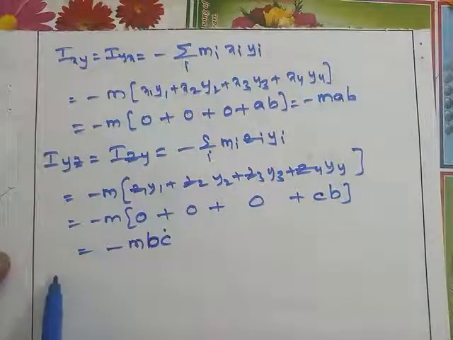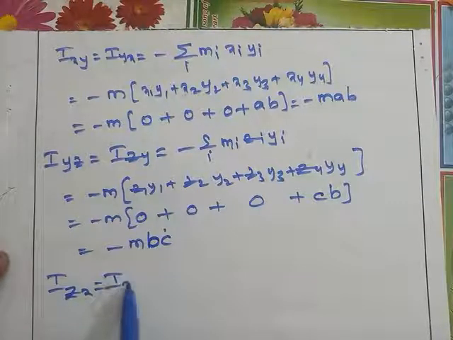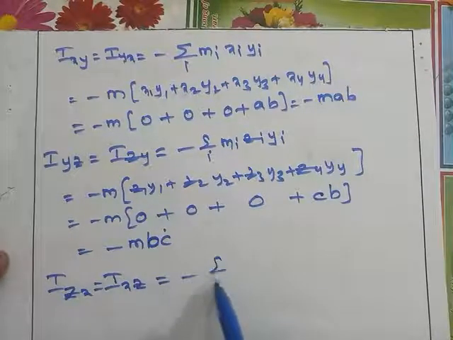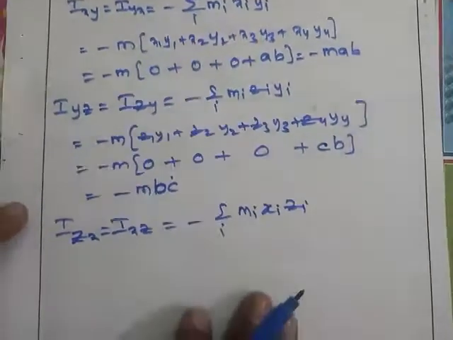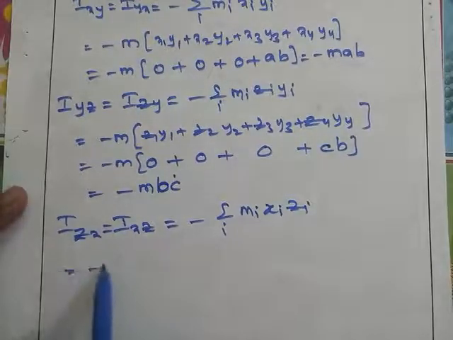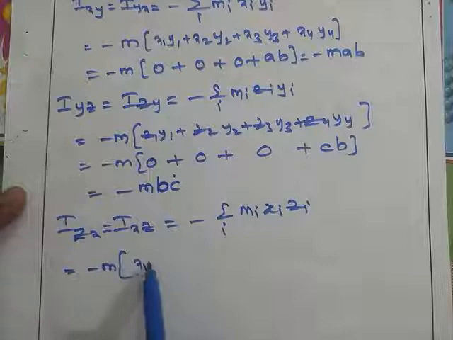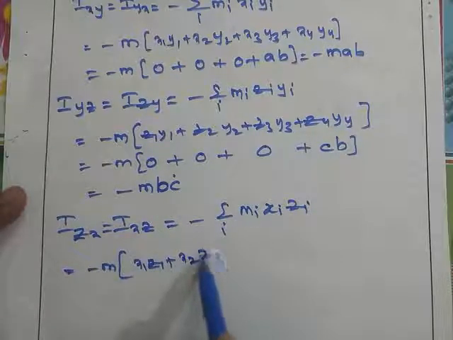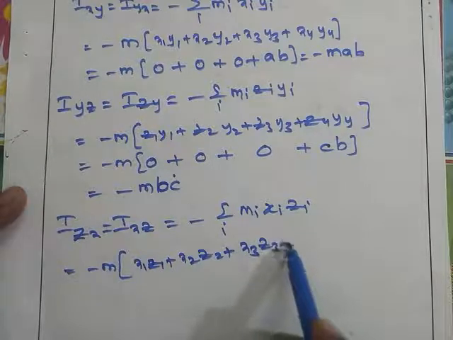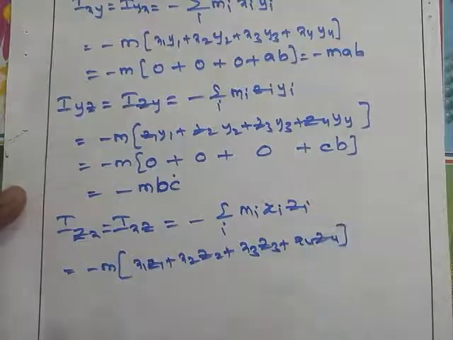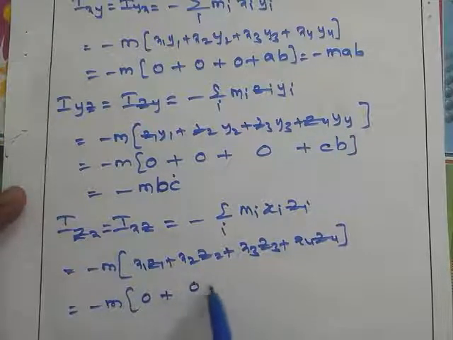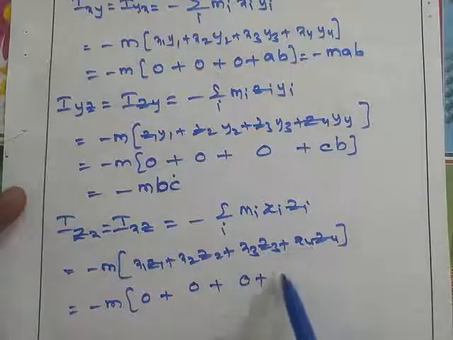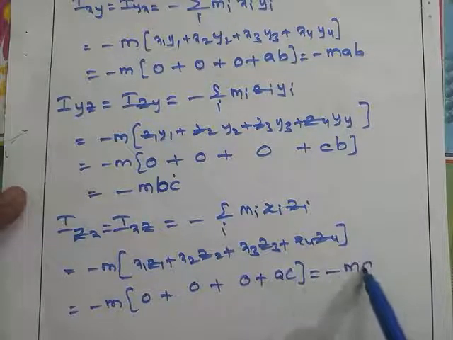Next, similarly Izx, that is equal to Ixz, so minus summation mi xi zi. Write m outside: minus m into x1 z1 plus x2 z2 plus x3 z3 plus x4 z4. Substitute all the above values: 0, 0, and here we get a into c. Finally minus m ac.